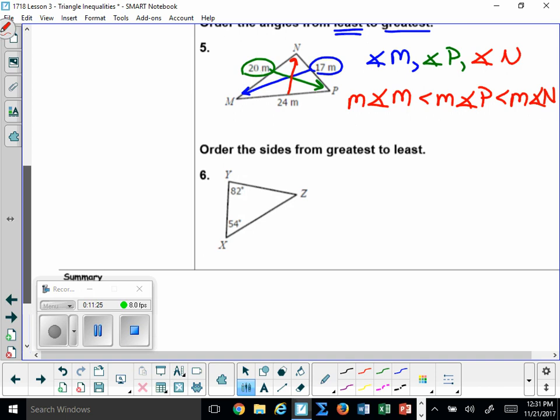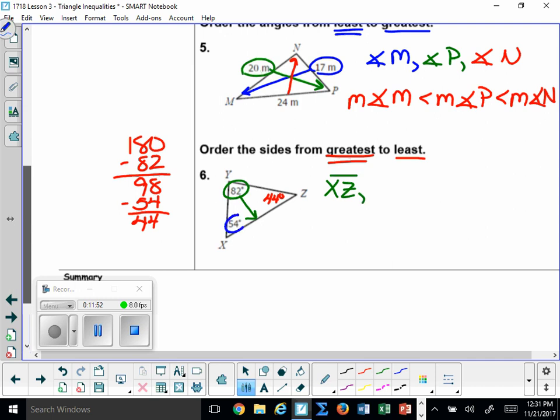Order the sides from greatest to least. And once again, they left off one of my angles. So let's see, 180 minus 82 is 98, minus 54 is 44. Okay, I want greatest. That's the 82, come across, segment XZ.